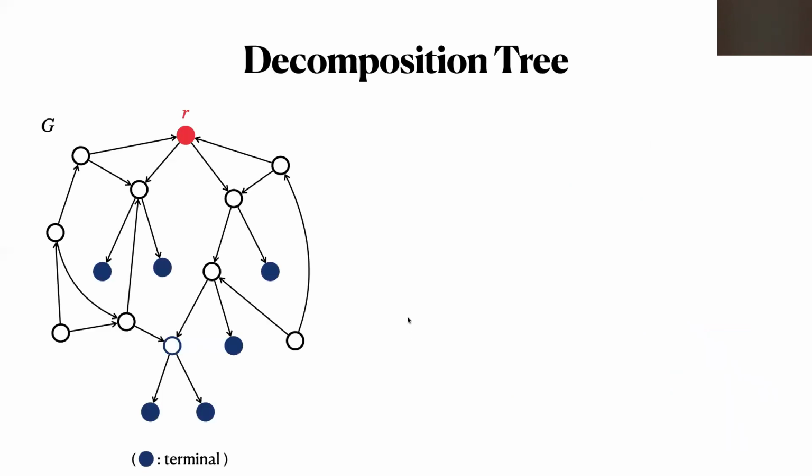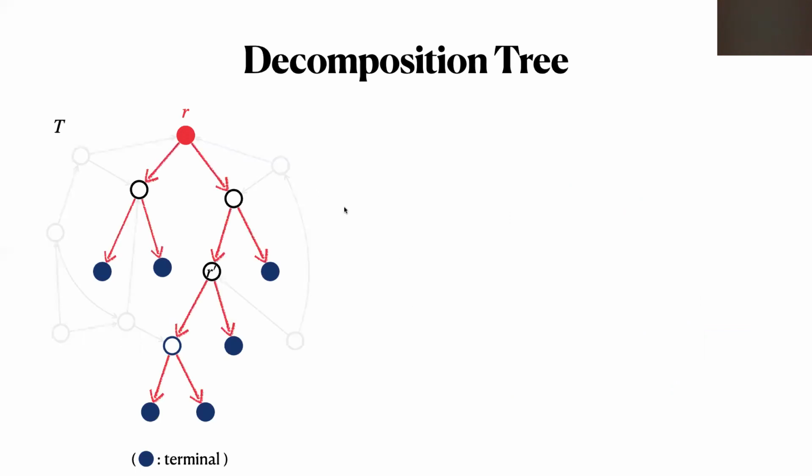We first define a concept called a decomposition tree. Roughly speaking, it encodes a specific way to partition a binary tree. Suppose we have the input graph G and root R, and say the tree T is the optimal DST in this graph. It's well known that one can break a binary tree into two subtrees that are of roughly the same size, and the two subtrees are connected by one vertex.